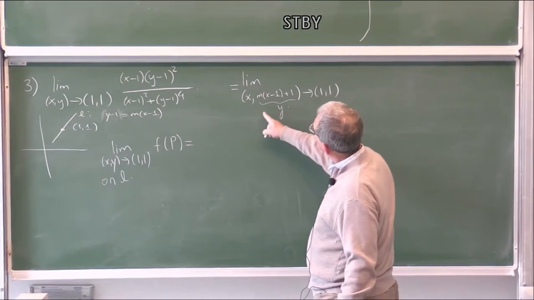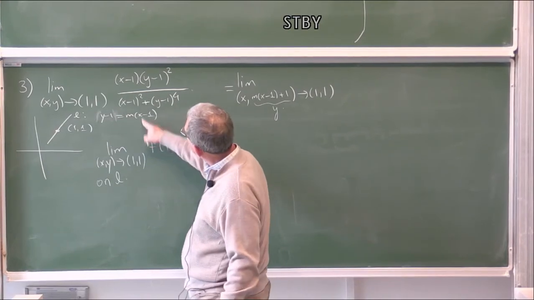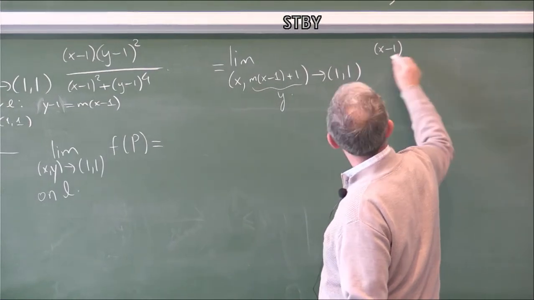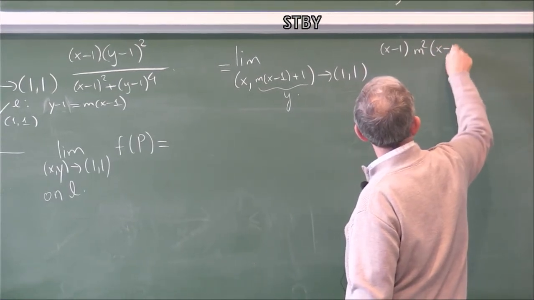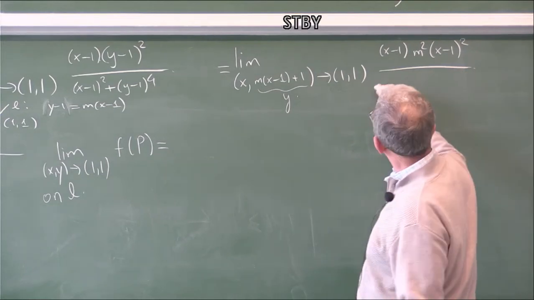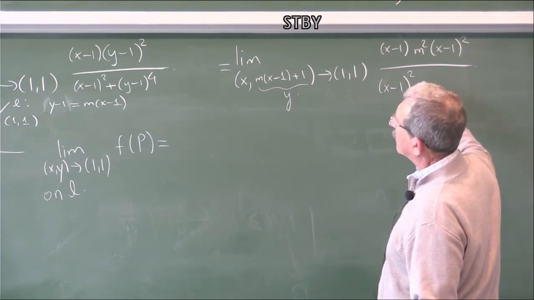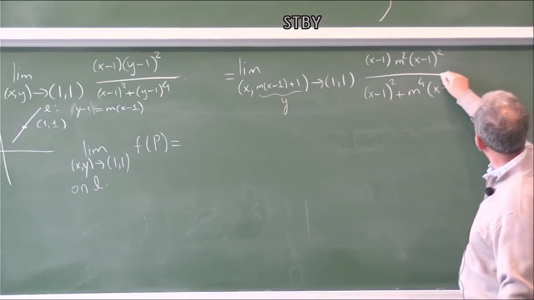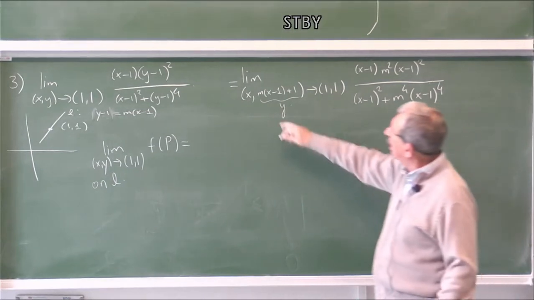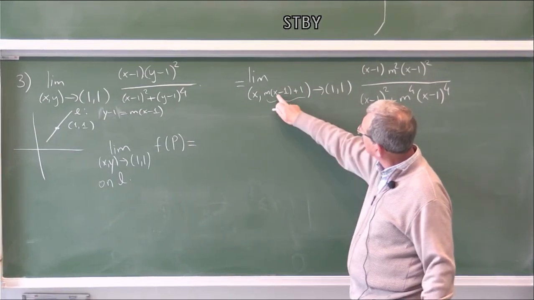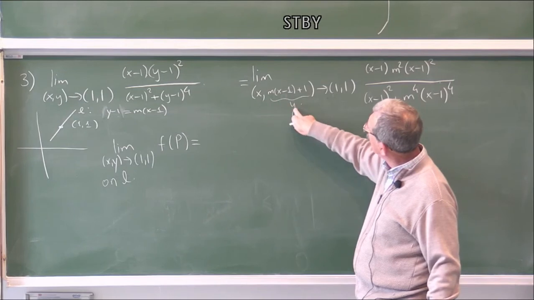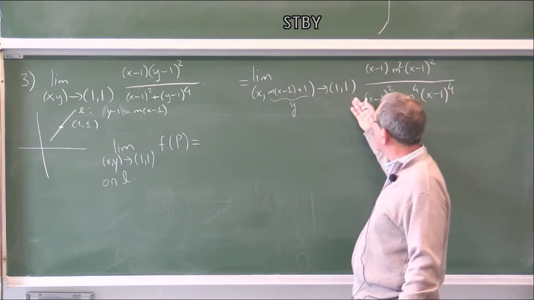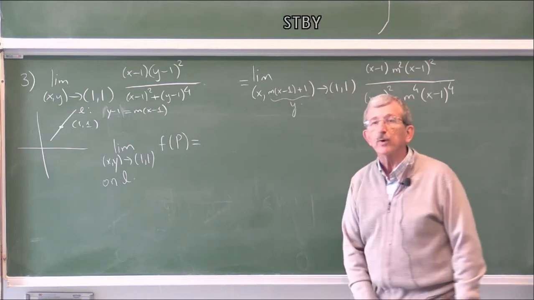Now, because of this equality, we can simplify this. It would be (x minus 1) times m squared (x minus 1) squared divided by (x minus 1) squared plus m to the fourth (x minus 1) to the fourth. Now, if x goes to 1, of course, whatever m is, y goes to 1. Or y goes to 1 means x goes to 1.